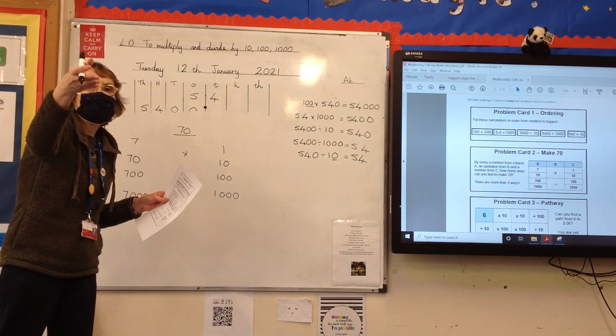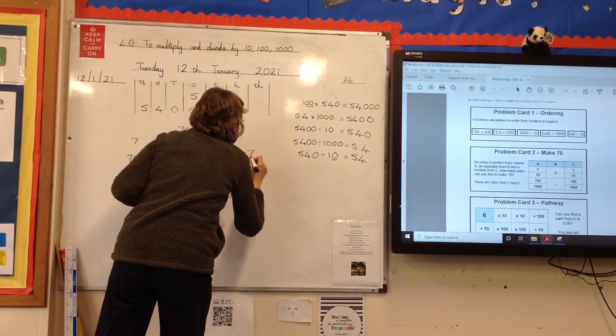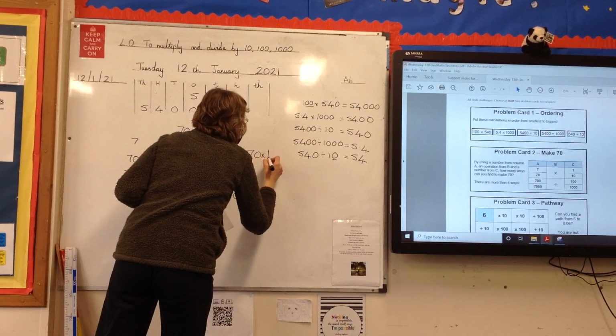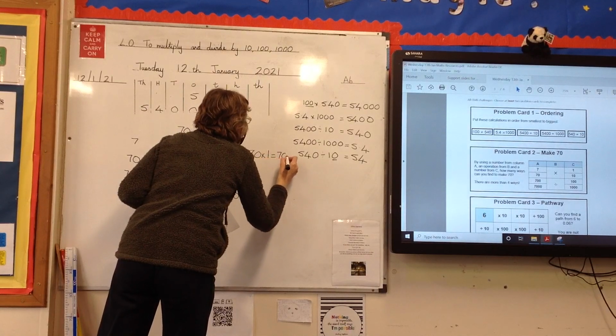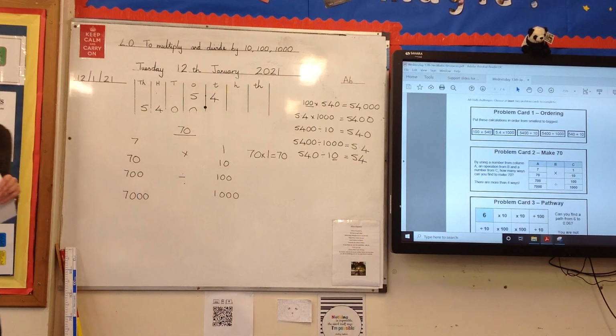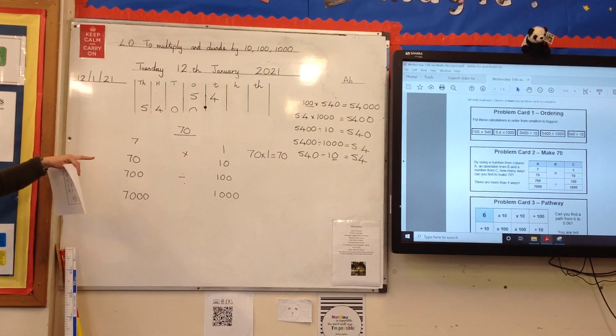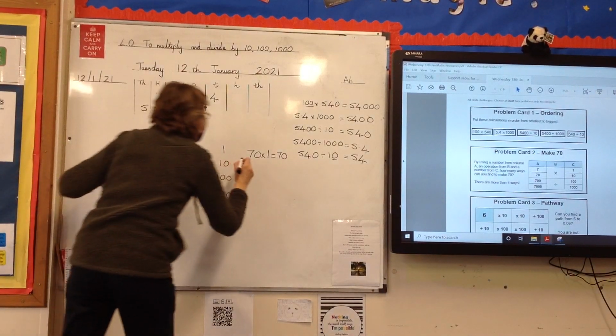70 times 1. Good. 70 times 1 equals 70. Good. Okay. 70 divided by 1. Good.